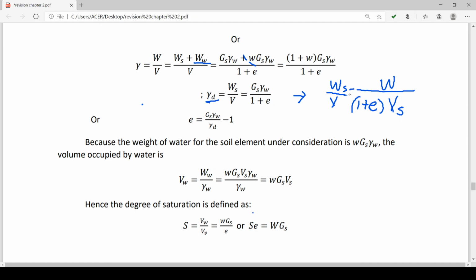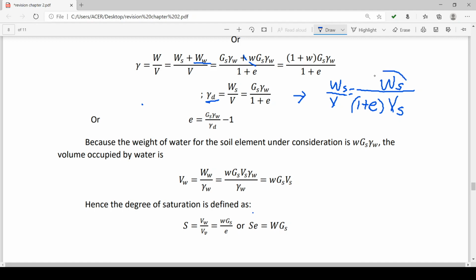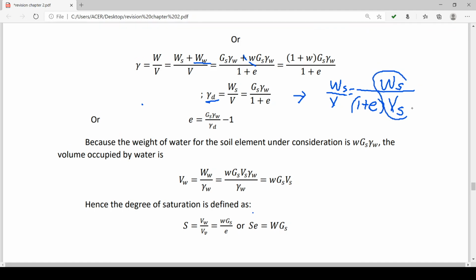That is equal to WS all over VS. And then balik tayo sa WS all over VS. That is GSYW. So, itong term na to is GSYW. So GSYW all over 1 plus E. Yun lang. Okay? Ito naman, transpose lang yung mga values sa equation na to.